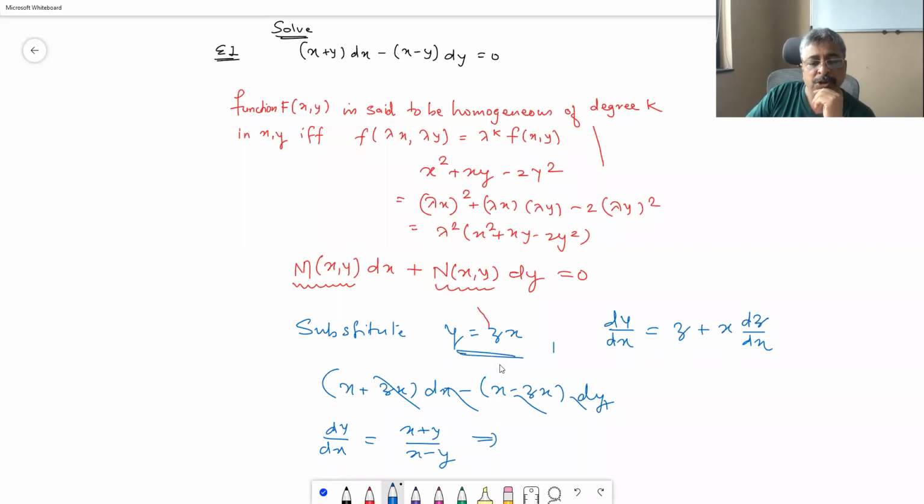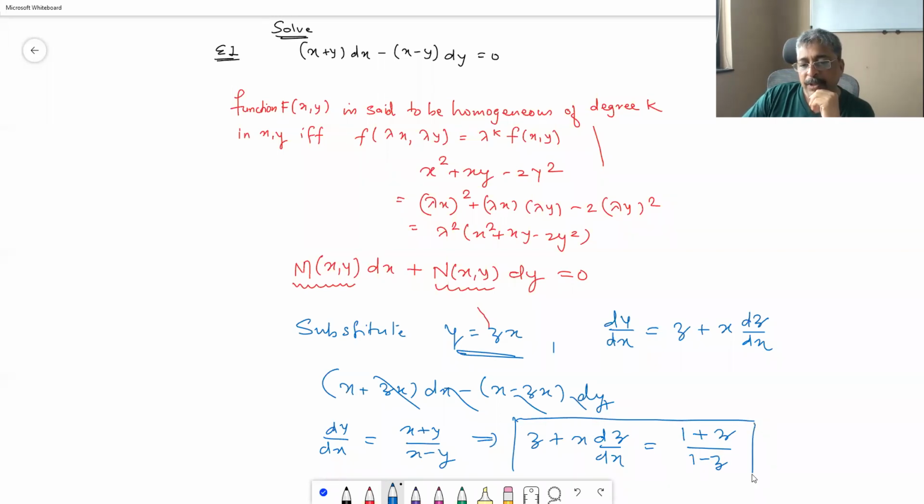Therefore, if we do this substitution now, we get z plus x dz by dx is equal to, x gets cancelled, and you get (1 plus z) upon (1 minus z), which is going to be variable separable. Check and solve now. So essentially, if you happen to have a homogeneous differential equation, you are supposed to substitute y is equal to zx.